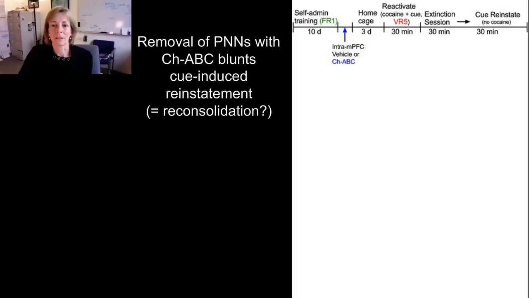here, where it says reactivate and BR5 in red, what we were attempting to do was to update the memory. In this case, the animals have pushed that lever hundreds of times under that so-called FR1 schedule. They're used to getting a cocaine injection every time they push the lever. In this case, we essentially trick the rats and say, well, you need to get out of that sort of habit responding, pushing that lever and expecting a cocaine injection.